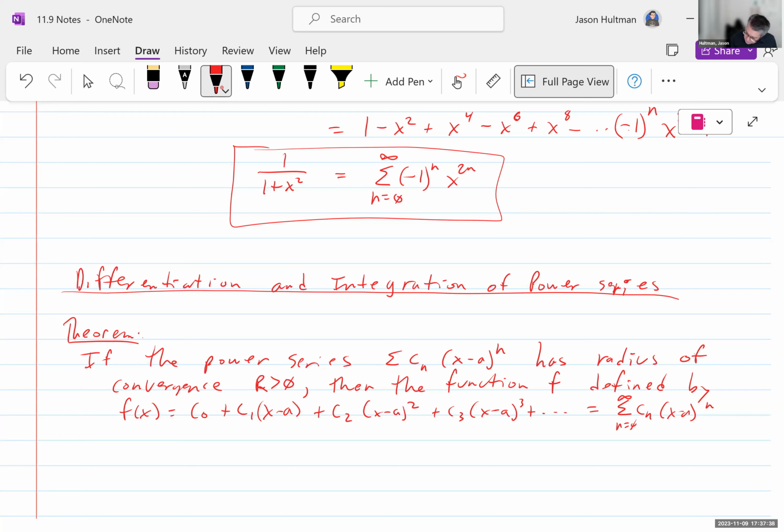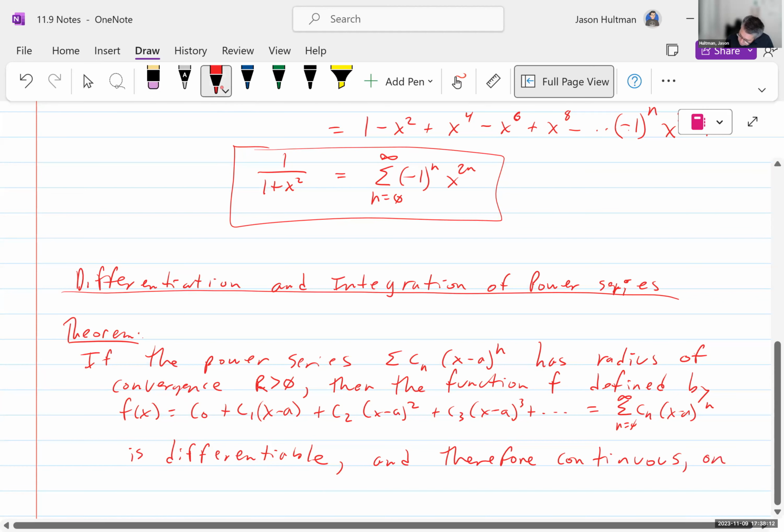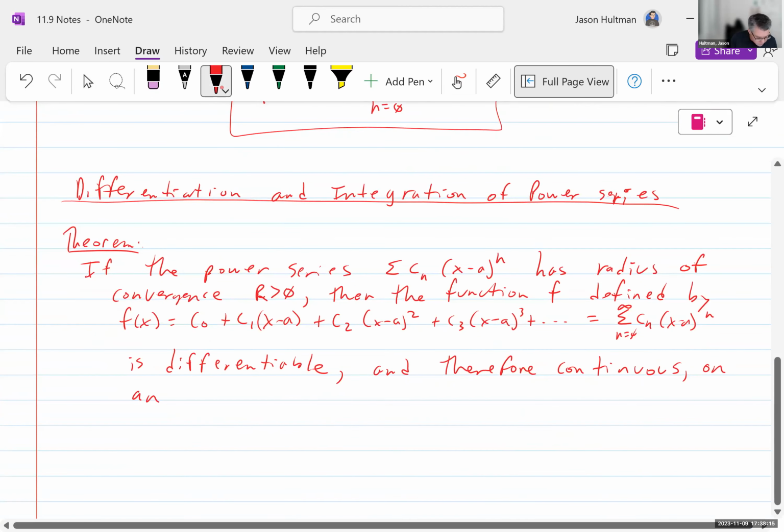Okay, if this function, this power series, is differentiable, and therefore continuous, on the interval.